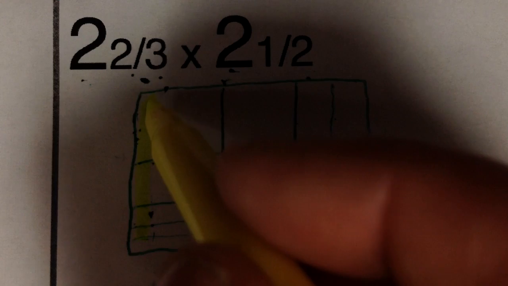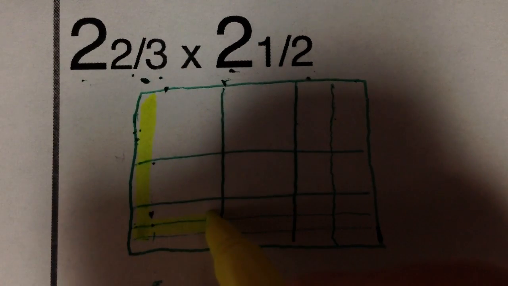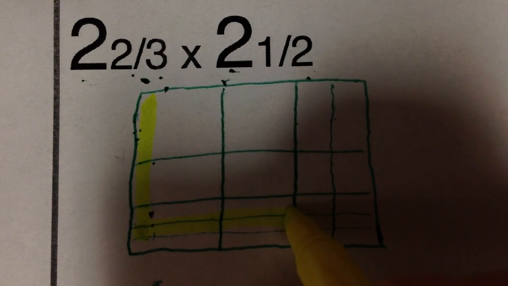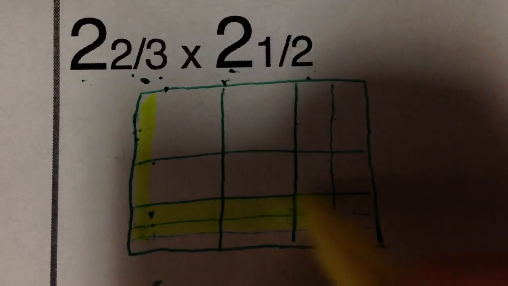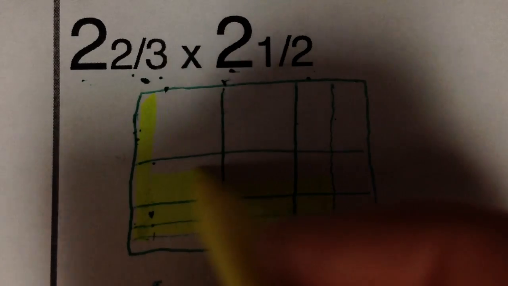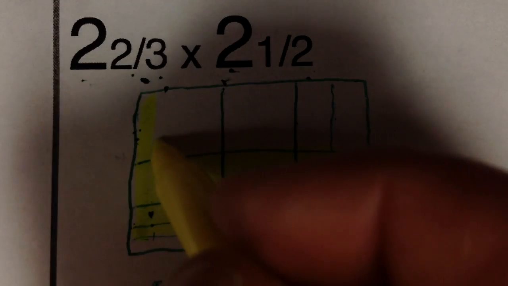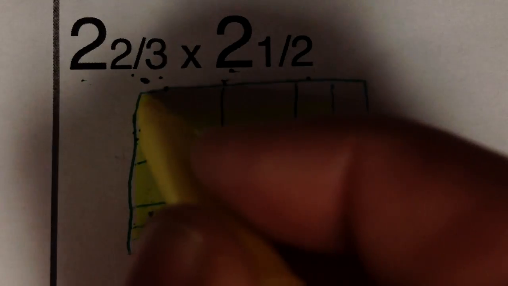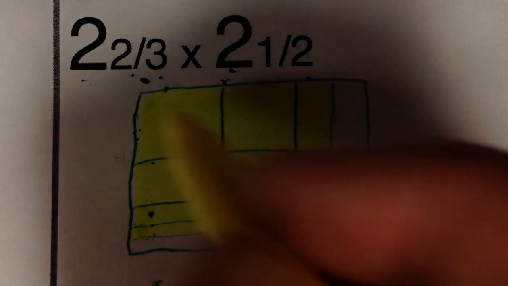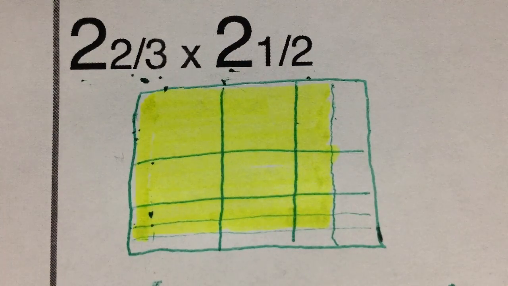And I'm going to go to the right 1, 2, and 1/2. I have to make sure that I shade all of this box. Alright, so now I have a portion of my array shaded.